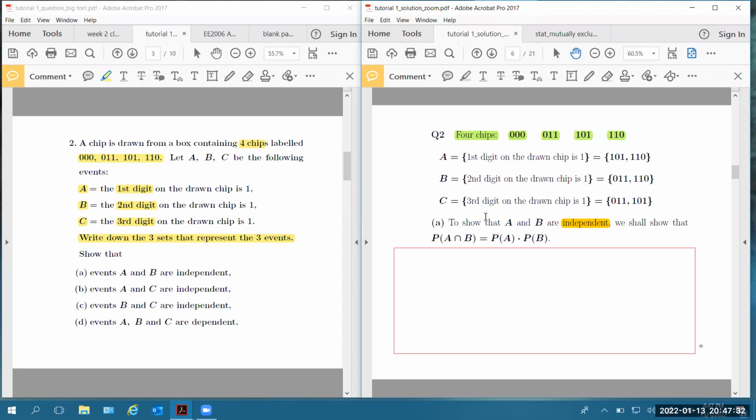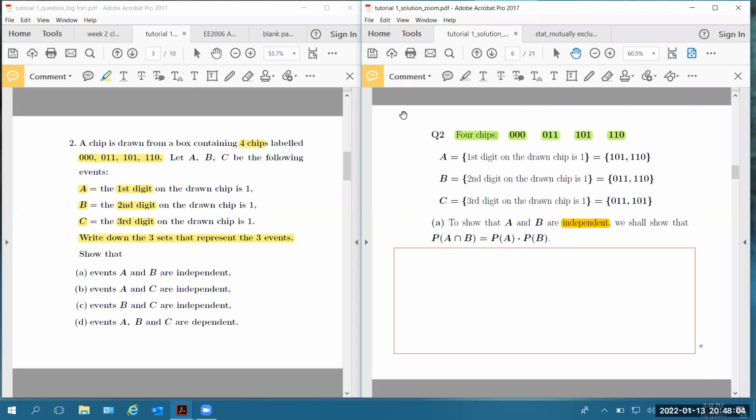So an event is a subset of the sample space, and it can be represented by a set, like what we do here. Is it okay?